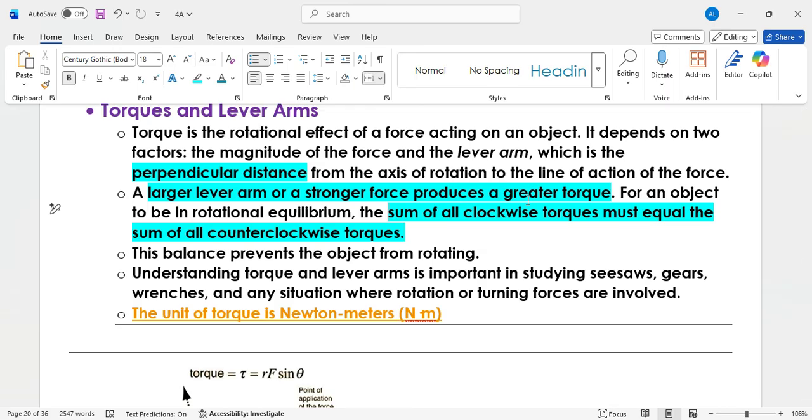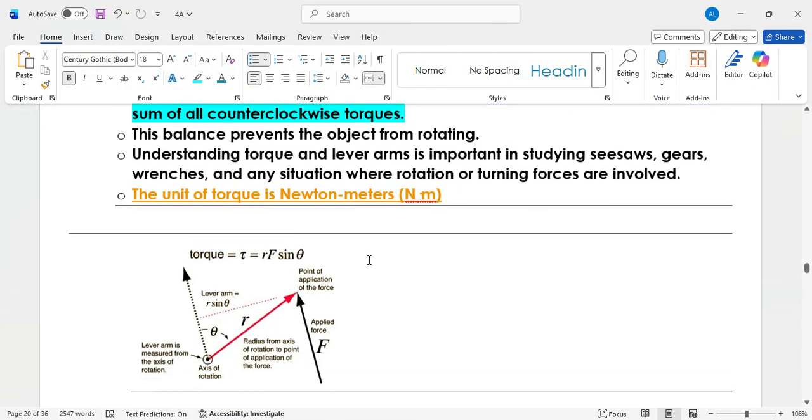So it means to stay in motion without any net force. Net force equals zero. This balance prevents the object from rotating. Understanding torque and lever arms is important in studying seesaws, gears, wrenches, and any situation where rotation or turning forces are involved. The unit of torque is Newton meters.